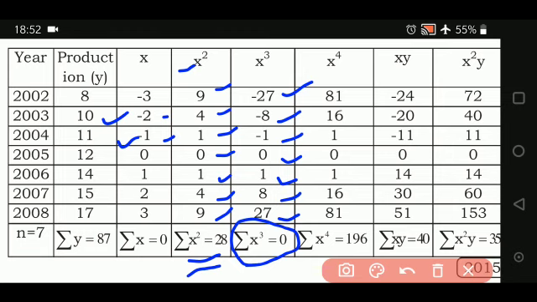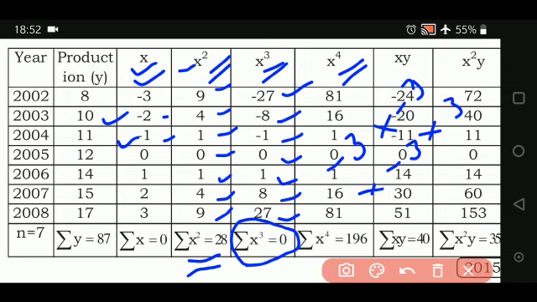X to the power 4 means you are going to multiply this particular term 4 times. Take -3 into -3 into -3 into -3. Minus into minus is plus, plus into minus is minus, minus into minus is going to be plus again. So 3 3s are 9, 9 3s are 27, 27 into 3 is 81.